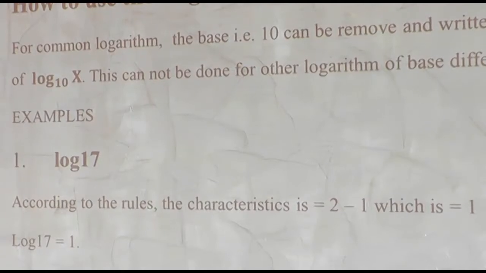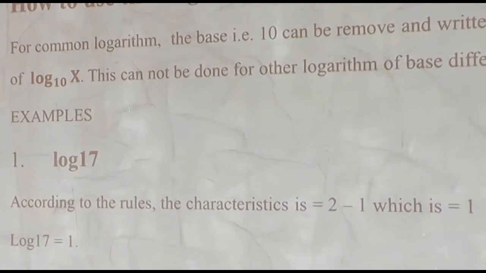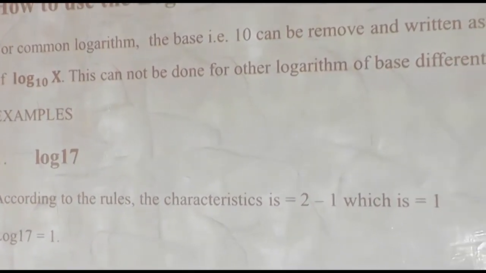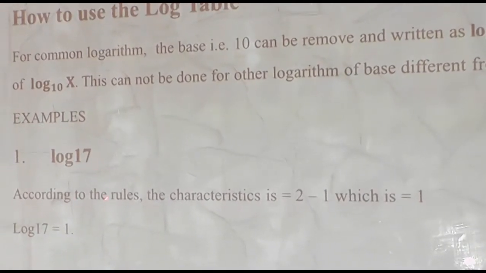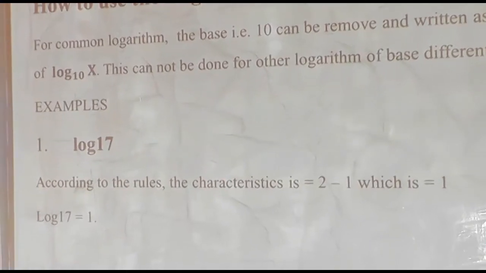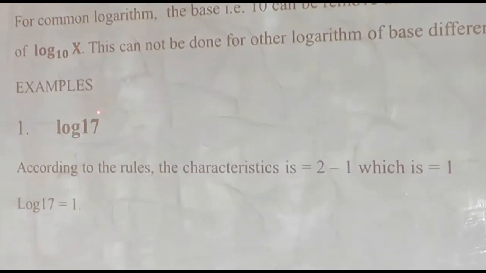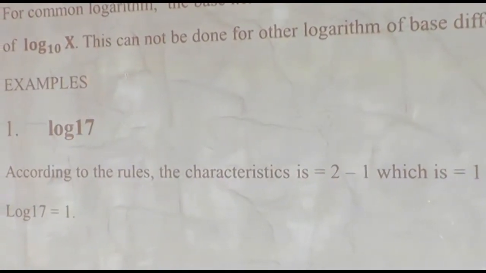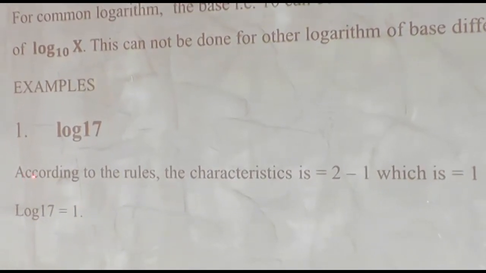There is the characteristics and there is the decimal part, that is the mantissa. So for characteristics to be obtained, this is log 17, I'm finding the characteristics now.